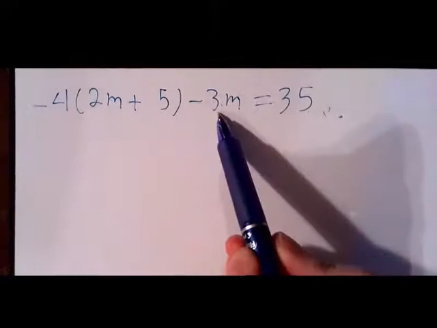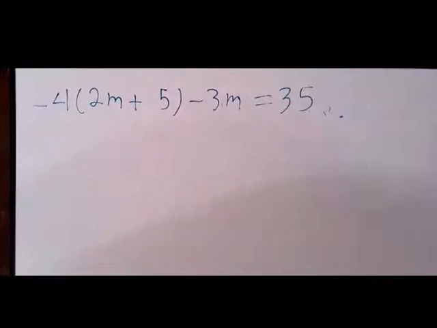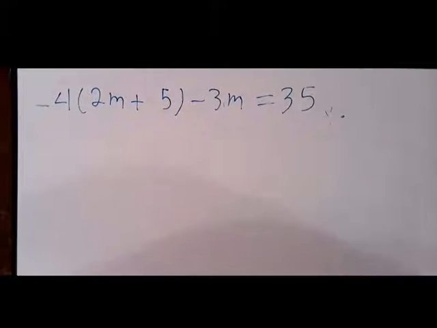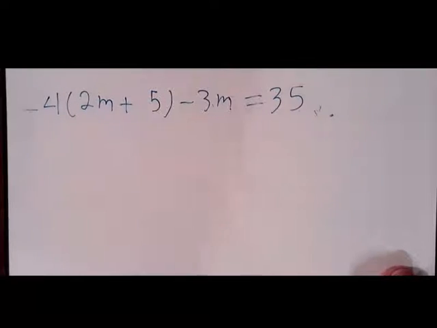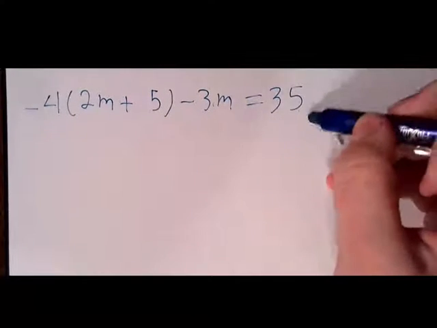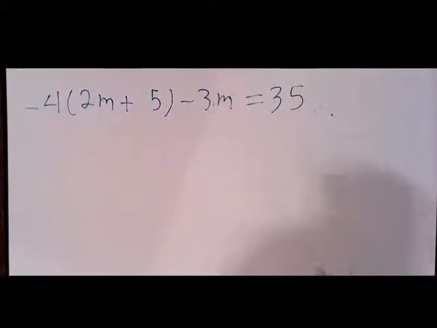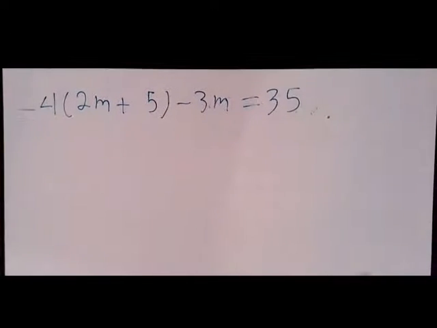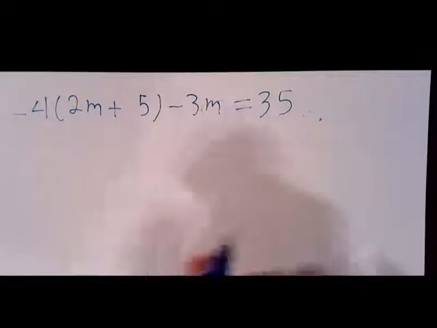Notice here my number outside has a variable. So, because of that, I can't just move this over to the other side to get rid of it. All right, I am going to have to do the distributive property and then combine my like terms from there.